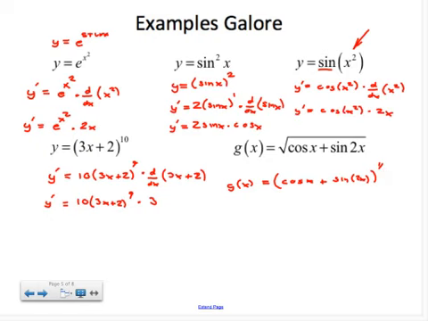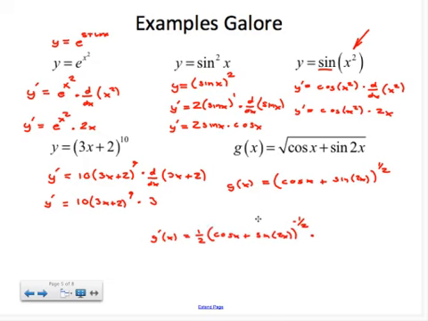So using the power rule, I will write g prime of x is equal to 1/2 times that whole quantity untouched, to the negative 1/2. That's the power rule. It says bring the exponent down in front and subtract 1 from the exponent. And now I need to multiply by the derivative of the inside.